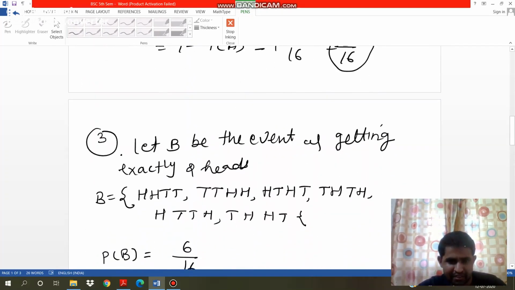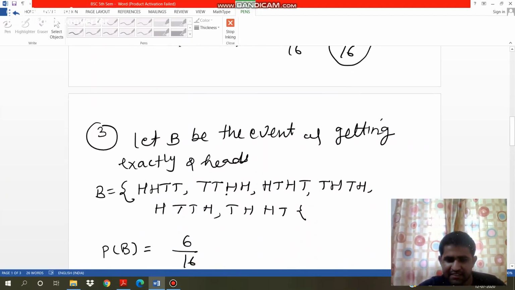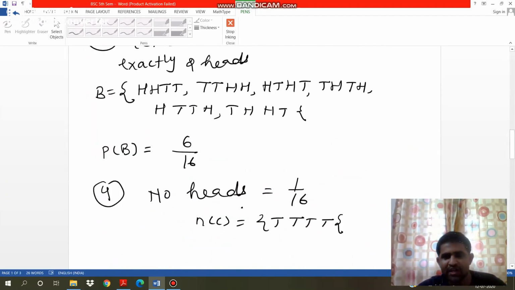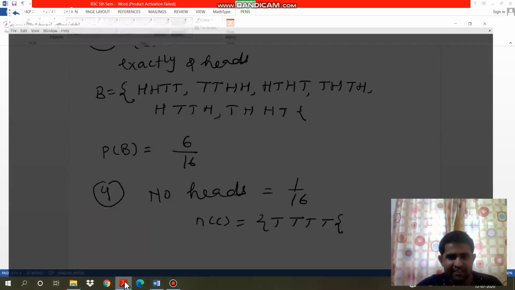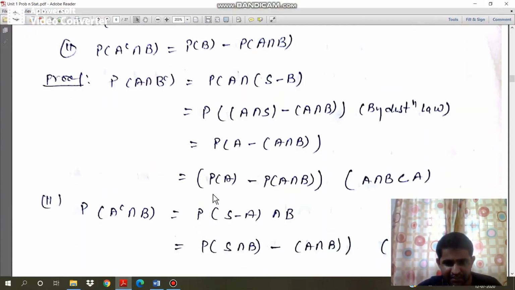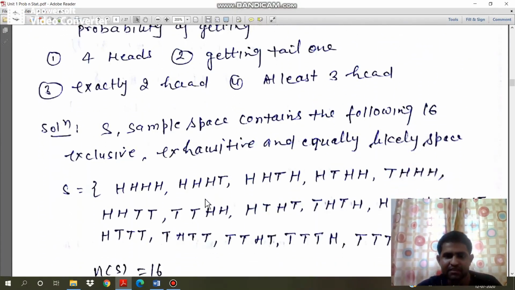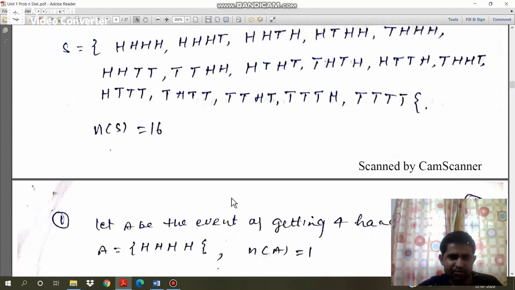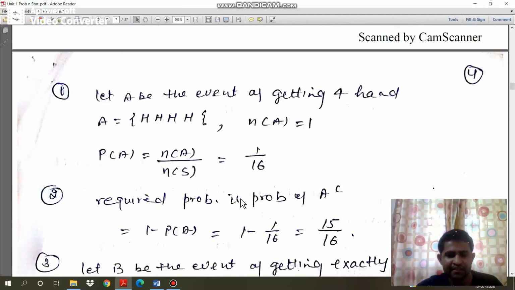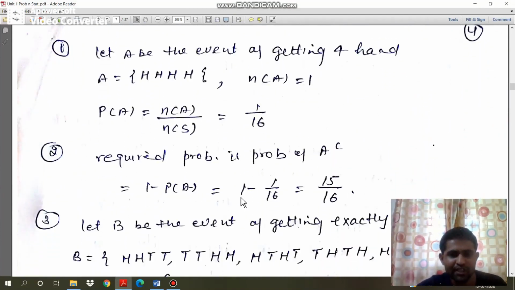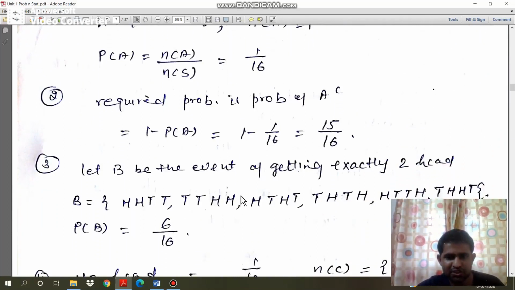Getting exactly 2 heads, this is 6 by 16. No heads, 1 by 16. Hope you understand. If you have a problem, then please tell me. This is the question actually, and this is the sample space and how to solve it is given here. So I will provide you this question in PDF form also. Okay guys, thank you.